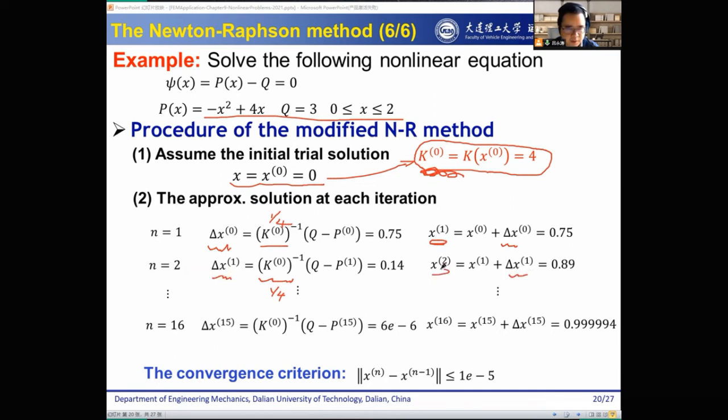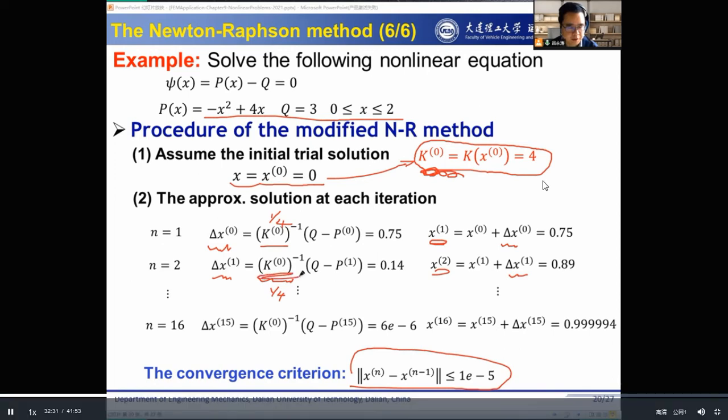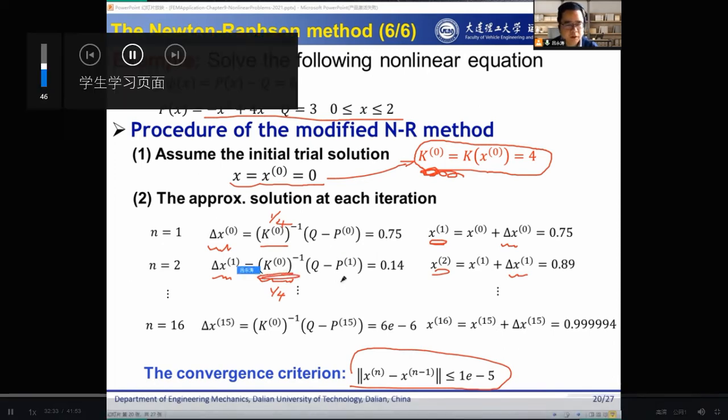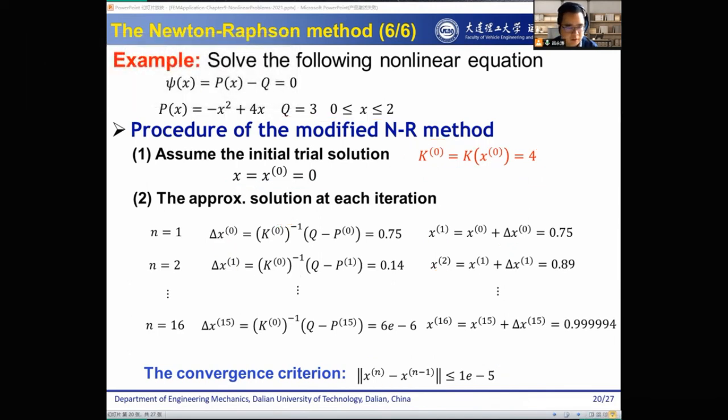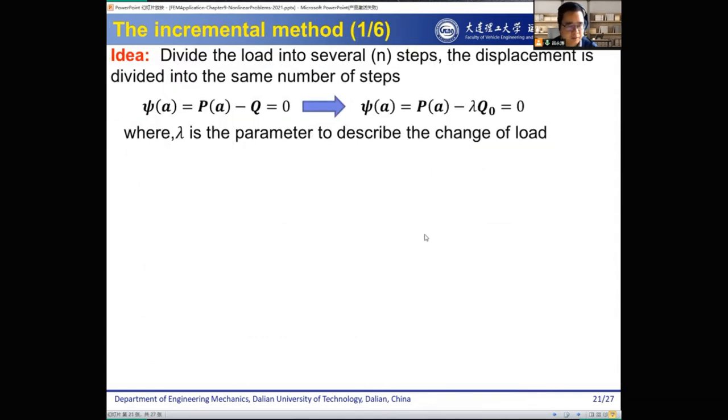Then we get x2, and we keep iterating. At the same time we check whether it has converged or not. We can see that using the modified Newton-Raphson method is much more efficient, because we keep the same tangent matrix, so the calculation is more efficient, and if the problem becomes more complex, the efficiency gain will be greater.